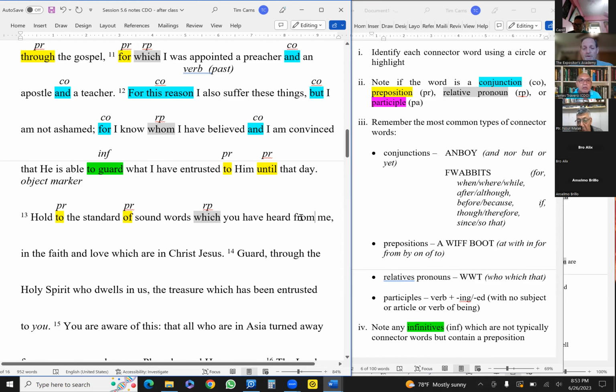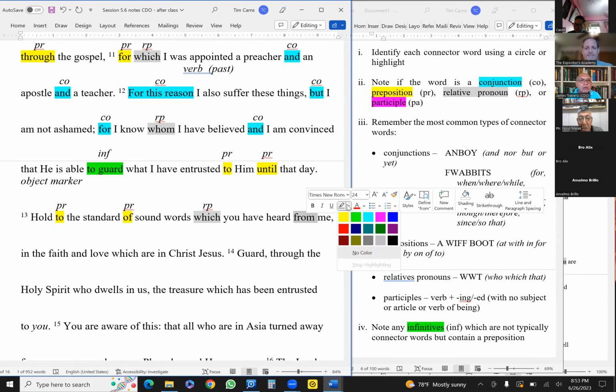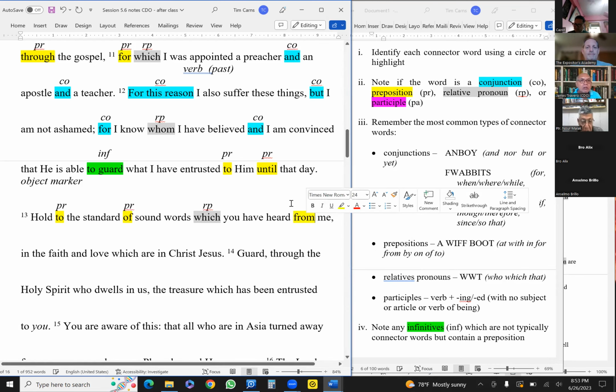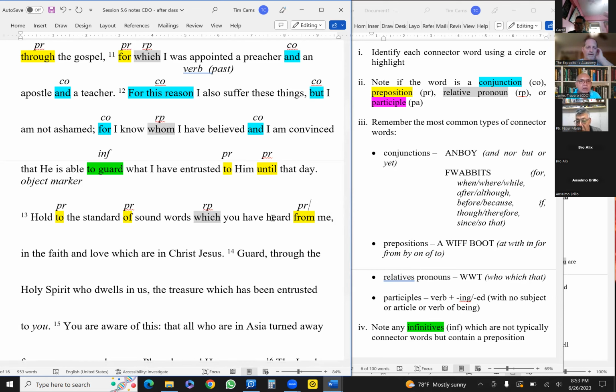Then it must be subordinating. If it's a subordinating conjunction, it's followed by a clause. Is this followed by a clause? No. So it's got to be a preposition. Okay. Which you have heard, and it will modify heard because it's telling us where you heard from me.